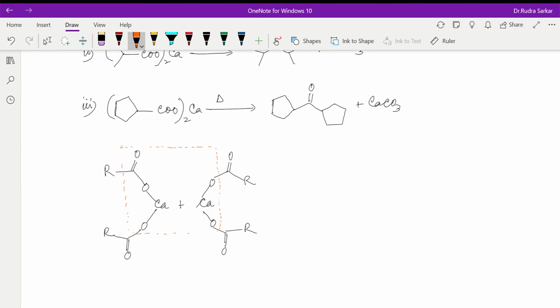Okay, if you take out that unit, then obviously you can write that this will be giving you R C double bond O R, that is 2 molecules, and 2 molecules of calcium carbonate. That is your mechanism.